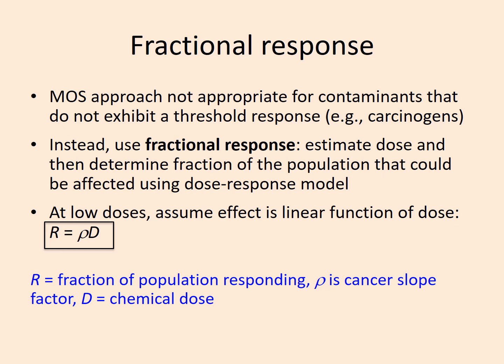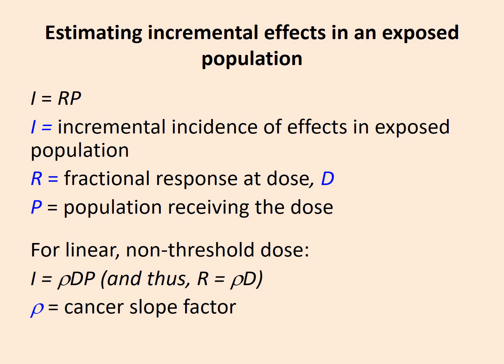That is dependent on the cancer slope factor, which is something that you can look up, and the chemical dose. And again, there are formulas for all of this. So know that if you want to go down the rabbit hole for how this works, you can totally do that, and people do.